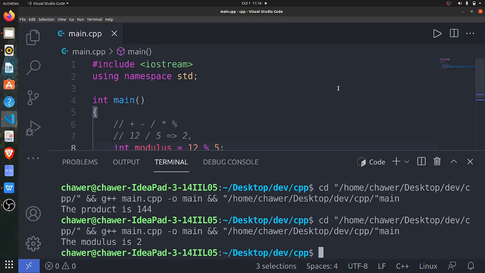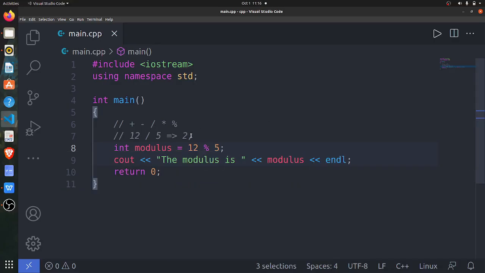Let me print it out. It says the modulus is 2. How does it get to 2? It's because 12 divided by 5 is 2, yes, but we're not getting the answer from that. We're getting it from 2 times 5, which is 10, and then 12 minus 10 is 2.